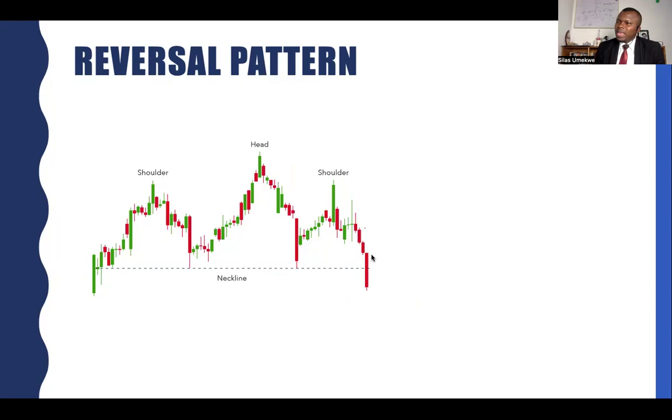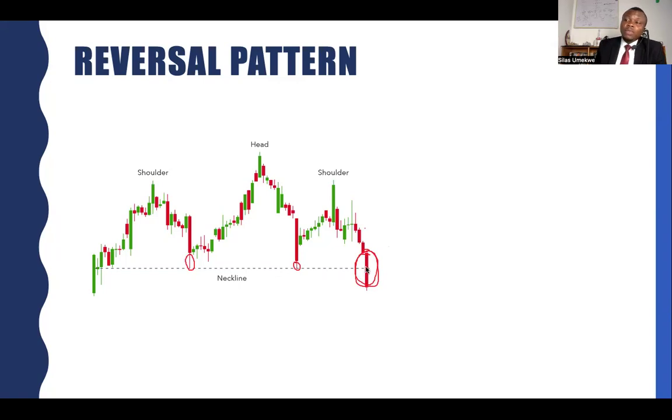Now, if this line is not broken through with a full candle, that means you must see the full candle, the complete candle. It's not the wick, it's not this small pin. If you notice a pin bar that goes through this and price goes back, it has not broken it. You must wait for the full candle to completely close below this line.